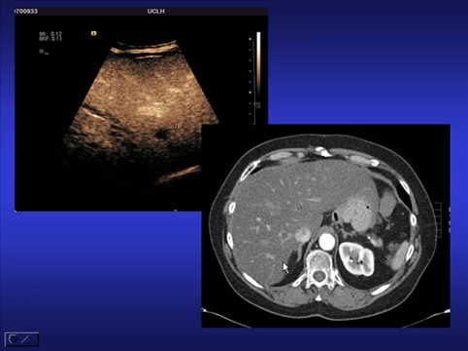This is the corresponding CT scan, where we can see this small tumour which has an enhancing halo. We're more in the arterial phase here than in the portal venous phase, but you see exactly the same temporal characteristics with contrast ultrasound as you do with CT.